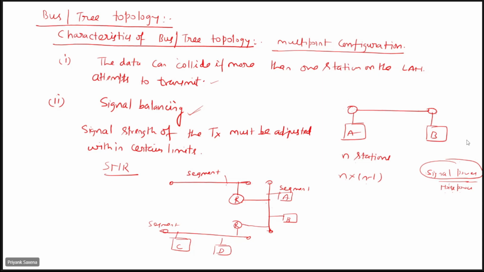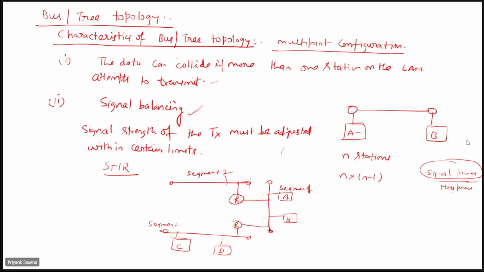The solution is that we should divide the entire LAN into different segments, and the different segments need to be connected through a repeater. This repeater is nothing but a transparent repeater. Whatever transmission is coming from segment one, this repeater will take it and regenerate it on segment 2.